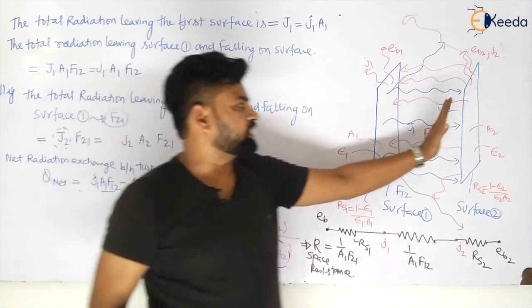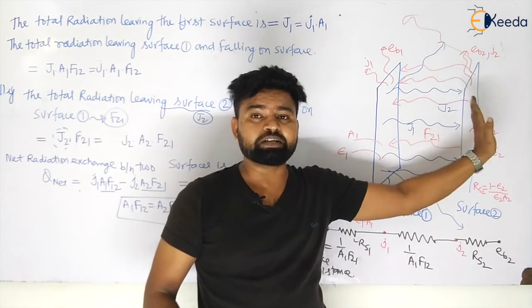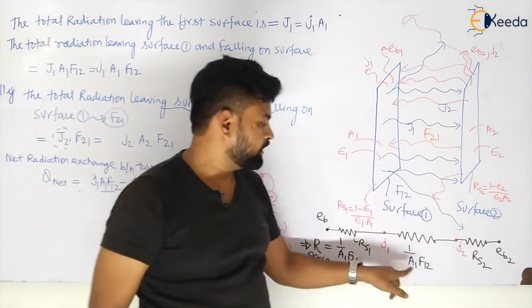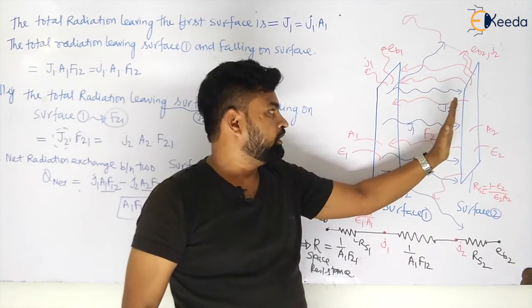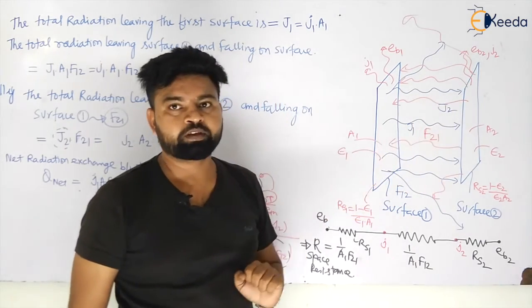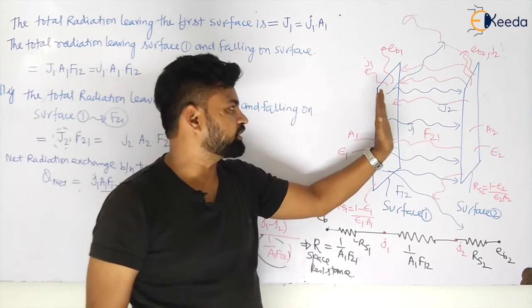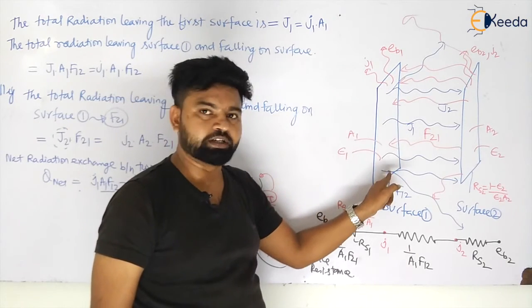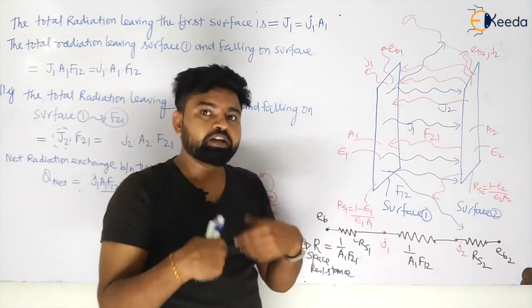So if I change the configuration, what will happen? The space resistance will change. If I bring that body closer to this body, the fraction of radiation leaving this surface and falling onto the other will increase.